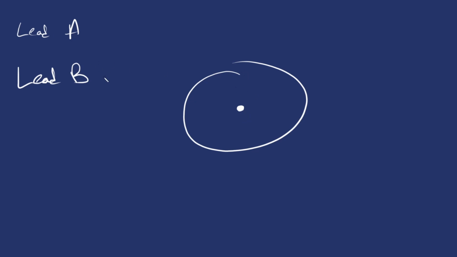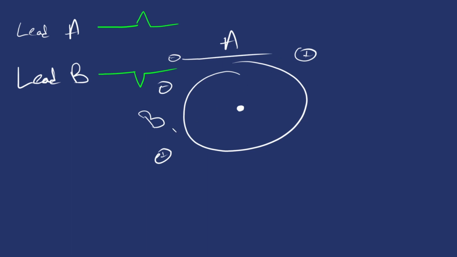If lead A comes out as a read, like so, and lead B comes out like so. And lead B being this one we had here before, so this is B, and then we put this here is A. Okay. So with lead A, we see a positive deflection.